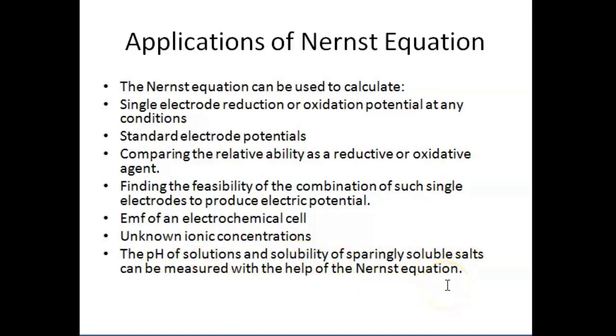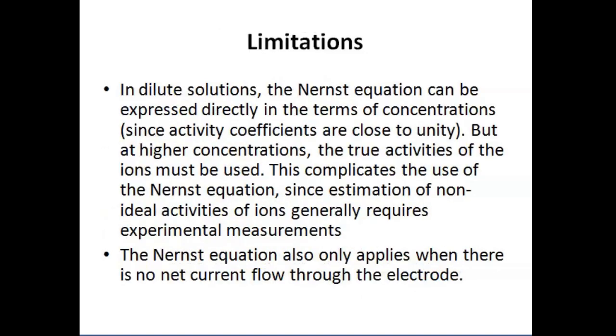The pH of a solution and the solubility of a sparingly soluble salt can also be measured with the help of the Nernst equation. But this equation has certain limitations. In dilute solution, the Nernst equation can be expressed directly in terms of concentration. But at higher concentration, the true activities of the ions should be used, and that complicates the use of the Nernst equation, because estimation of non-ideal activities of ions generally requires experimental measurements.